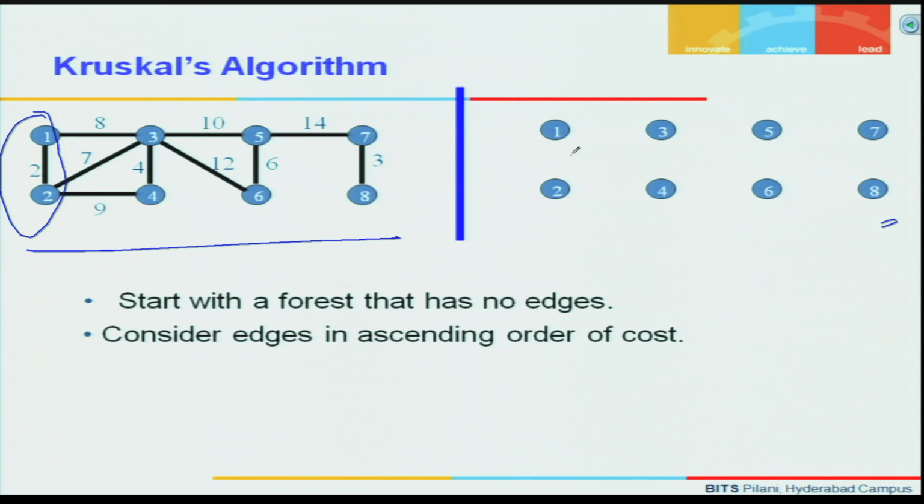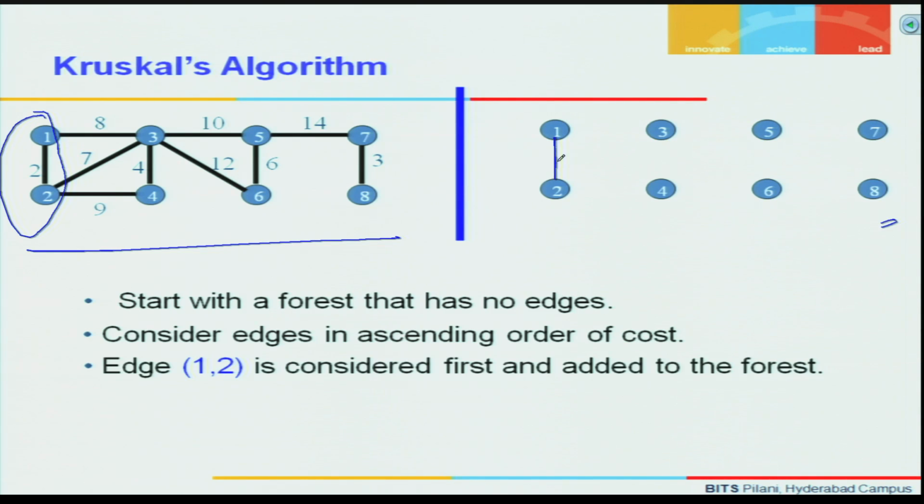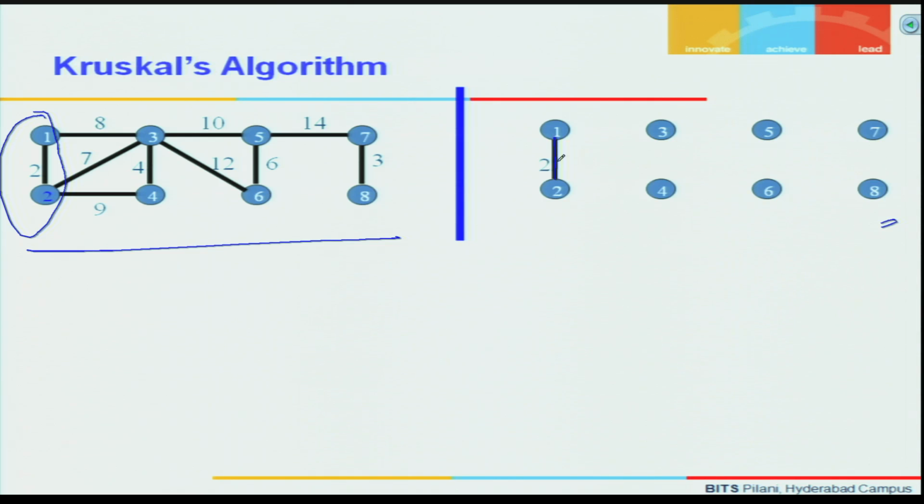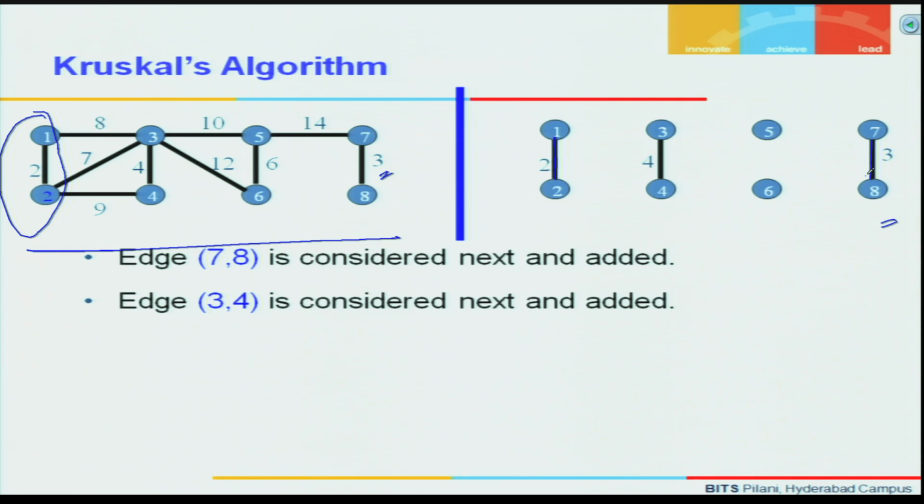If it is not forming a cycle, definitely I can put it, and this is not forming a cycle, hence I put it. Then after 2, what is the minimum weighted edge in this graph? 3. When I put 3 in the forest, it is not forming the cycle, hence I put 3 there.